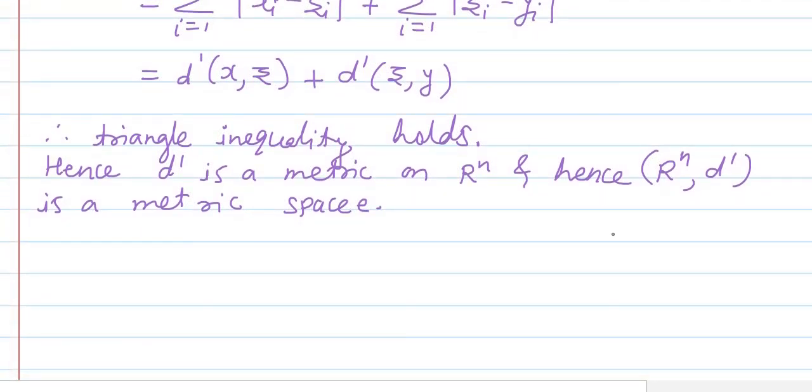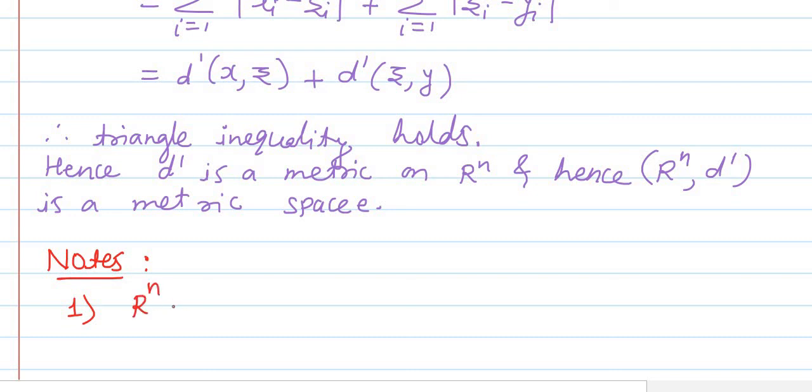Okay, now after proving it is a metric space, we will write down two important notes on this one. Notes. The first note is, see here in the example number first and third we have used the same set R raised to n.